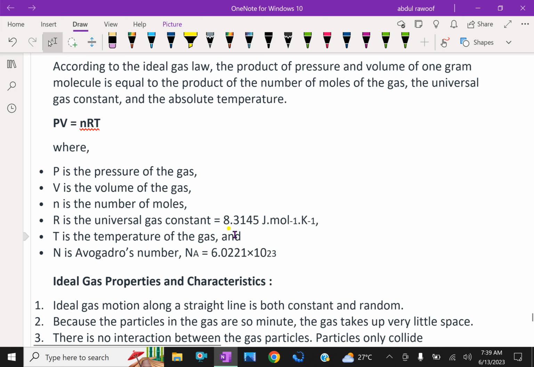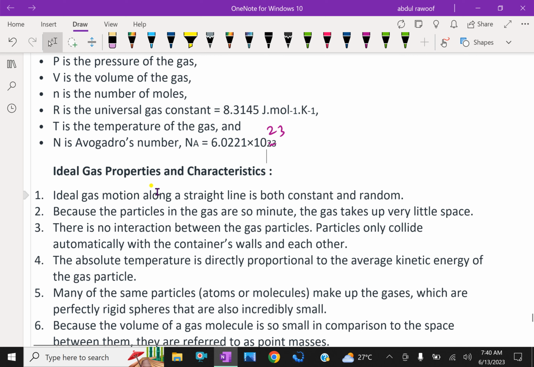It is 8.3145 joules per mole per degree Kelvin. T is the temperature of the gas. Now Avogadro's number is approximately 6.0221 times 10 raised to 23.